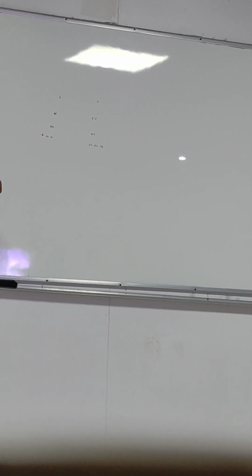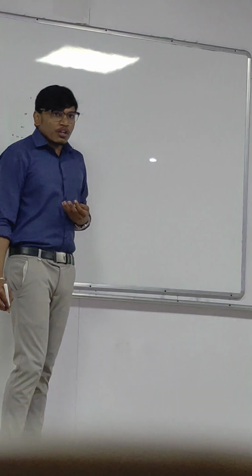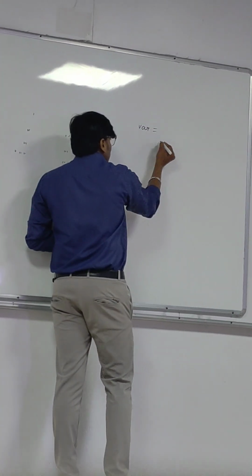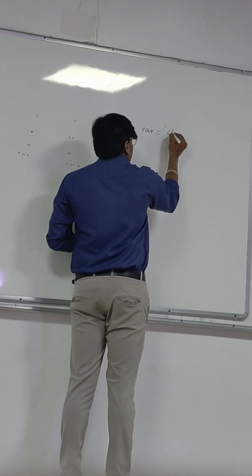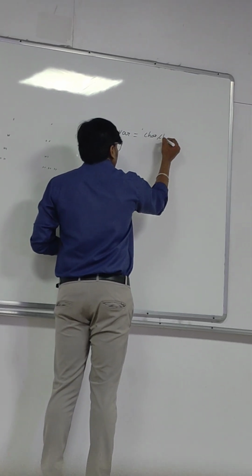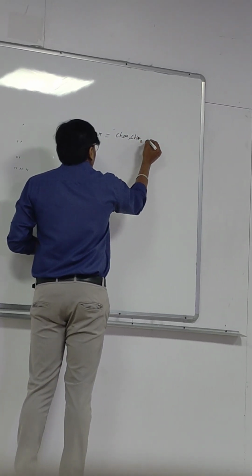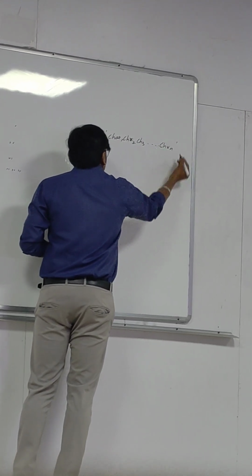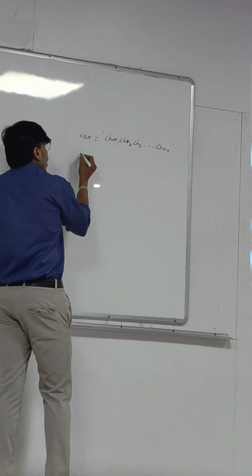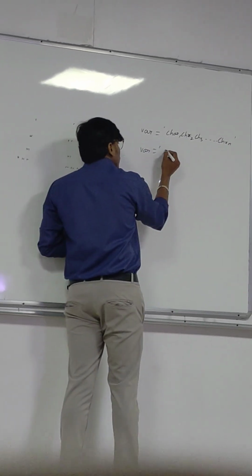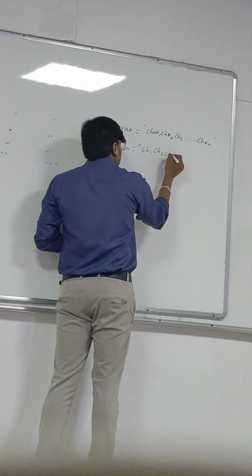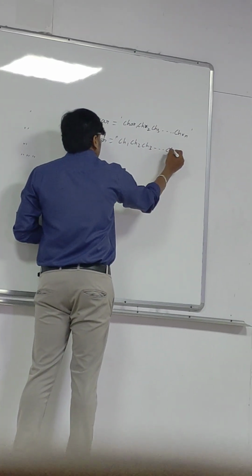Okay, so if you want to create any string collection, what we do is simple: variable name equals, within single quotes, character 1, character 2, character 3, and so on, character n.